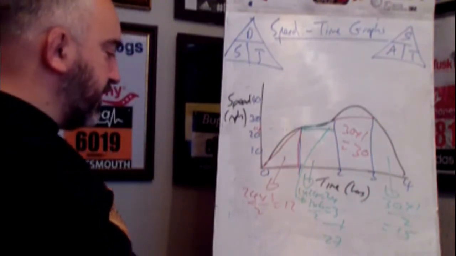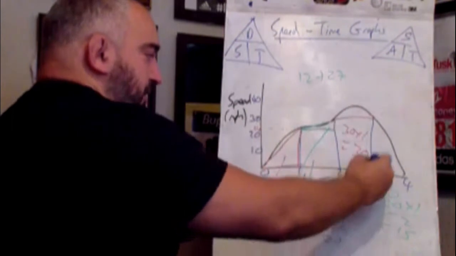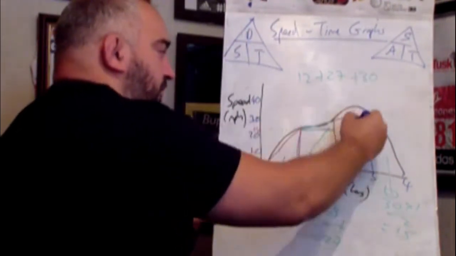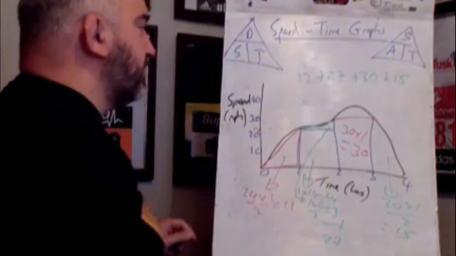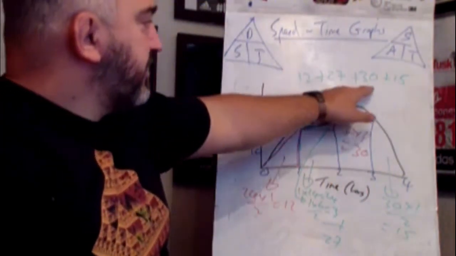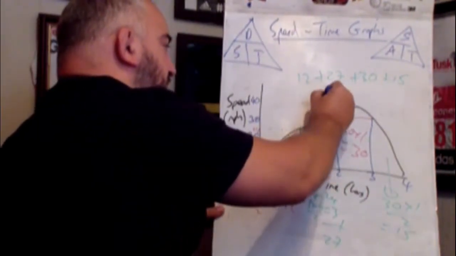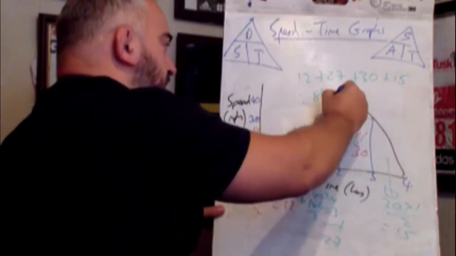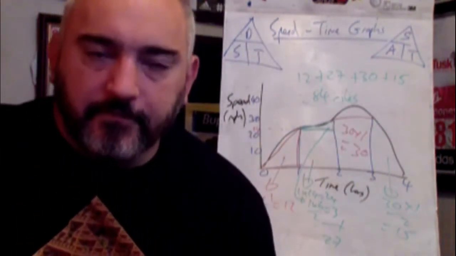So the distance under that curve will be my 12 plus my 27 for the second one, plus 30 for that one that didn't really work out very well, and plus the 15 on the end. So that gives me 39, 69, 79, 84, and it's going to be in miles, because again we're finding the distance.